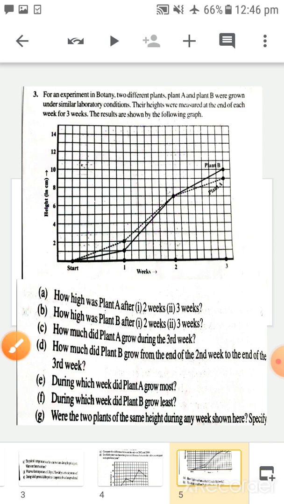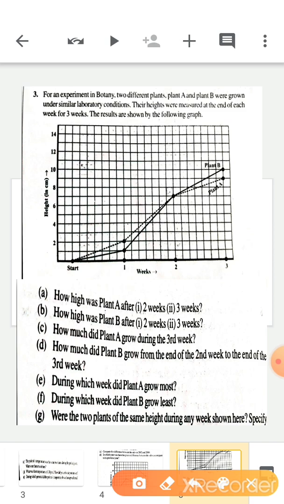Now, how high was plant A after 2 weeks? After 2 weeks, how high is plant A? Plant A is represented by the dotted line. So the dotted line at 2 weeks is here, so it will be 7 centimeter high.